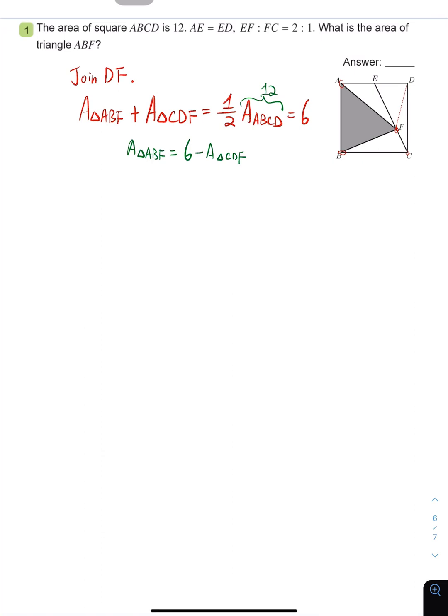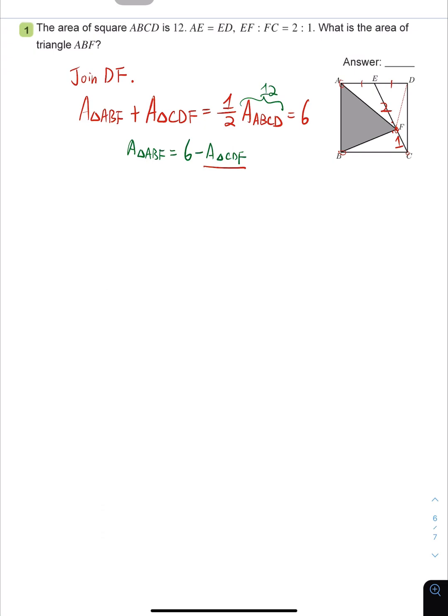So now our next purpose is to find out the area of triangle CDF. So now we know that AE is equal to ED, where EF to FC is 2 to 1. Do you still remember what we have learned in the previous lesson? Like the equal height models, right?